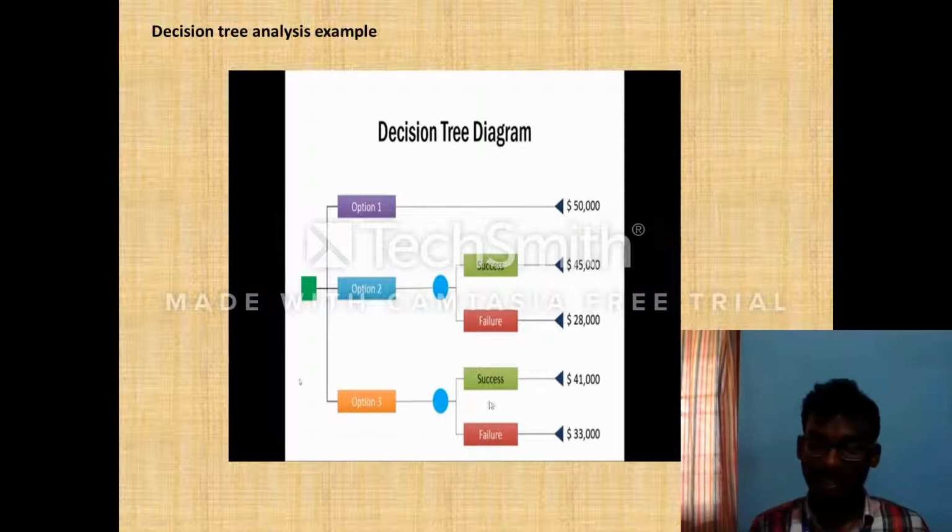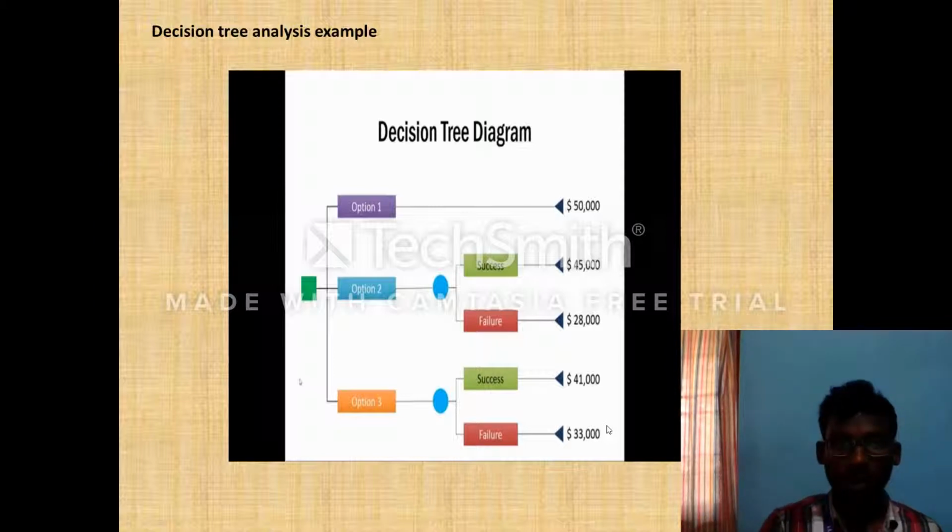With option three, if successful, he will get $41, and if he gets failure it will be $30,000. A decision tree is exactly like an algorithm structure, an easier way to achieve our destination clearly at the right time, and to achieve our plans or goals of an organization or individuals.